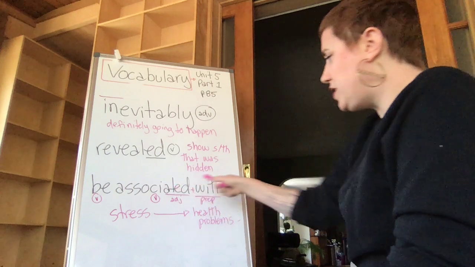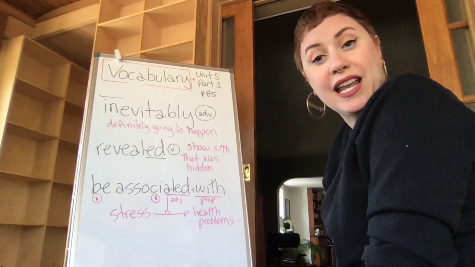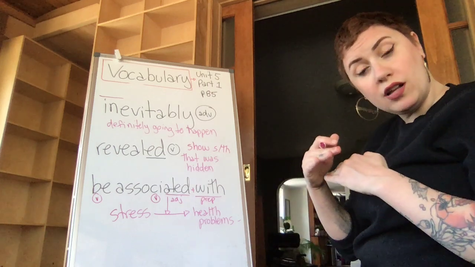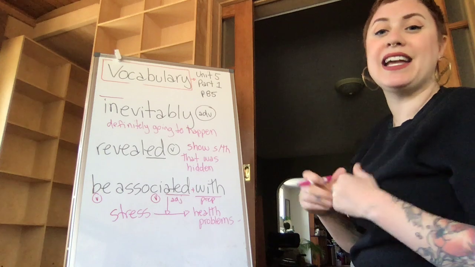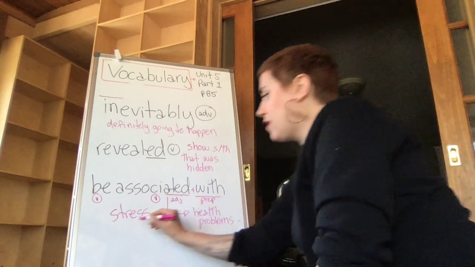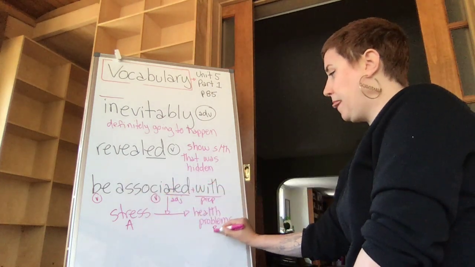And be associated with means these two are connected. It does not necessarily mean that they are equal, but it means that there is a connection between the two.